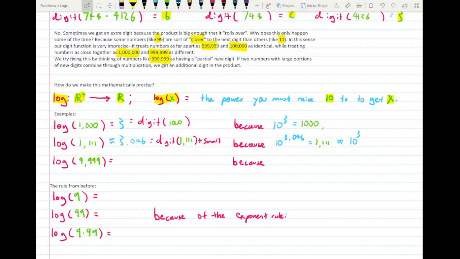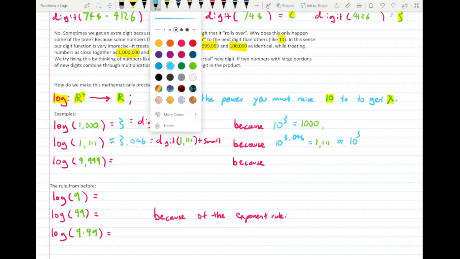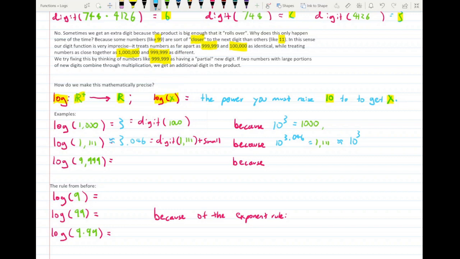And finally, log of 9,999 is about equal to 3.99996. So 5 decimal places after the 3 do we get to something that's not a 9.